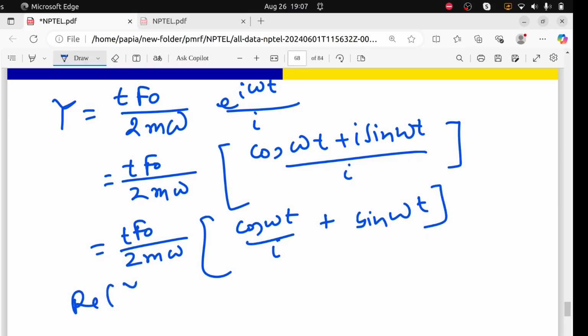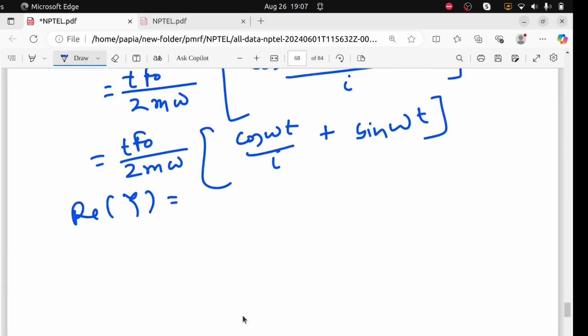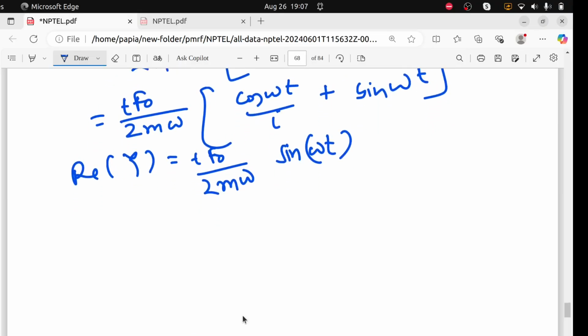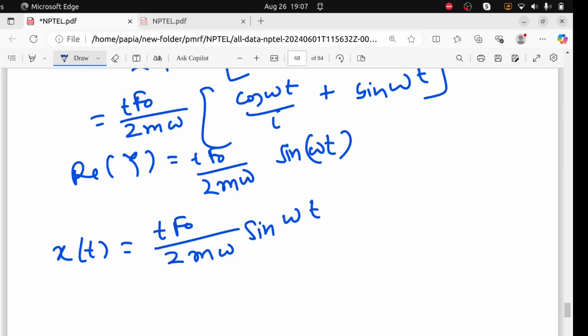So the real of y is t f0 divided by 2m omega sin omega t. So that means our x of t is t f0 by 2m omega sin omega t.